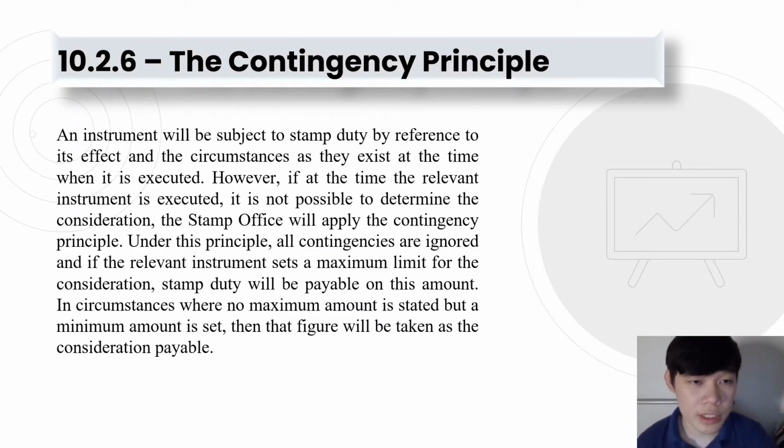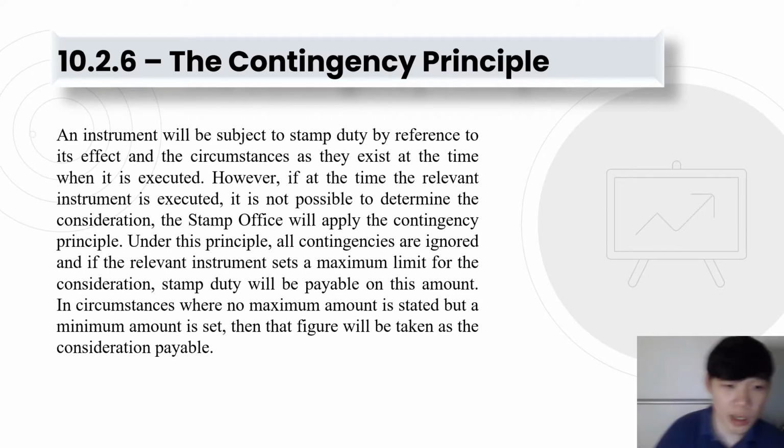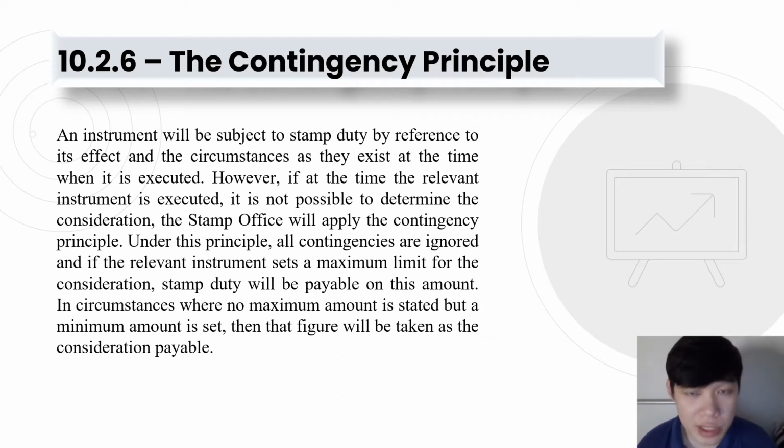The contingency principle is also one of the general principles, which means an instrument will be subject to stamp duty by reference to its effect and the circumstances as they exist at the time when it is executed. However, if at the time the relevant instrument is executed it is not possible to determine the consideration, the stamp office will apply the contingency principle.